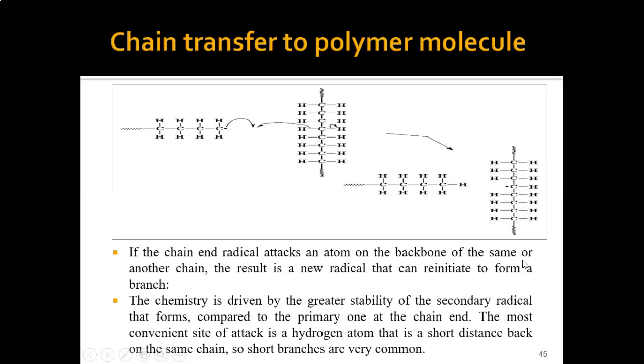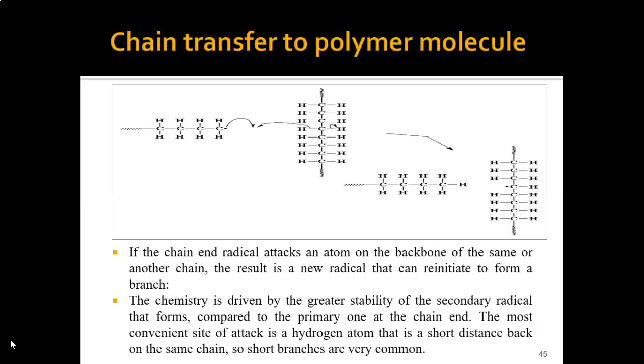Now we look at the chain transfer to polymer molecule. If the chain radical attacks an atom on the backbone of the same or another chain, the result is a new radical that can reinitiate to form a branch. An example of chain transfer to polymer is the backbiting reaction in the polymerization of polyethylene.